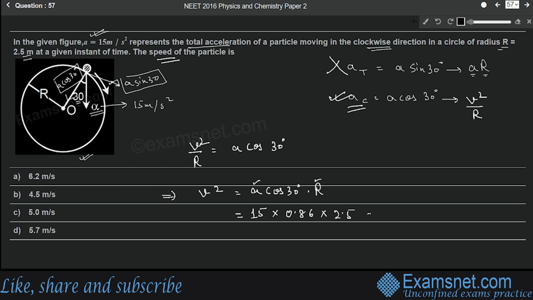On solving this, we'll get 32.25, and we have to find the speed. So speed is equal to the square root of 32.25, approximately 5.7, and the unit of speed will be meter per second. So 5.7 meter per second, that means option D will be the correct answer. Got it?